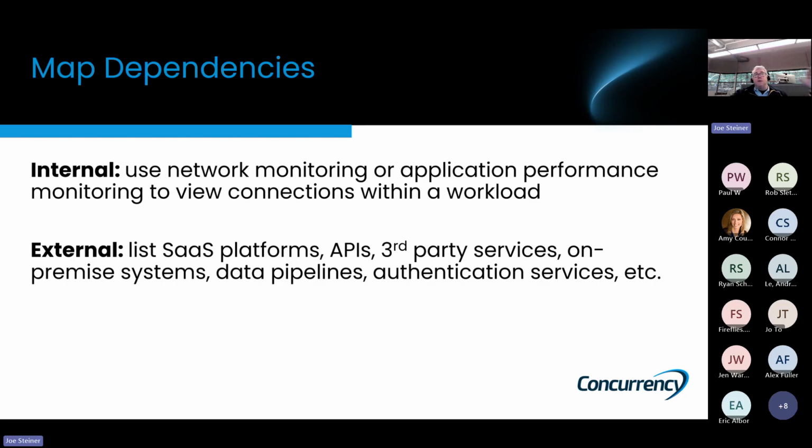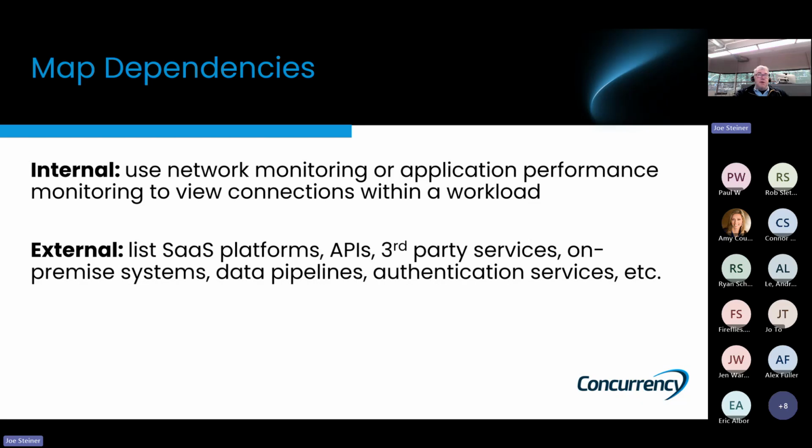And then external, you really want to check in on any other SaaS platforms, APIs, third-party services. If I've got something in the cloud already, does it still have some on-premise ties? The data pipelines and data, external databases that are connected, authentication services. A whole host of things you want to make sure you're taking into account.